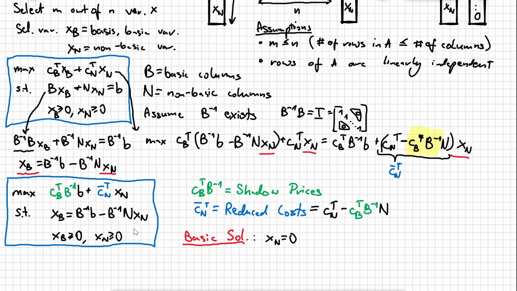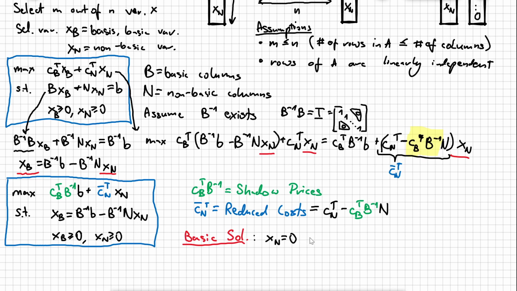So what I want you to see is, if you put xn equal to 0, basically this term disappears and this term disappears, and all you have is the objective value exactly equal to the value of resources at shadow prices, this part, and xB is equal to just this product, the B inverse times the number of resources small b.